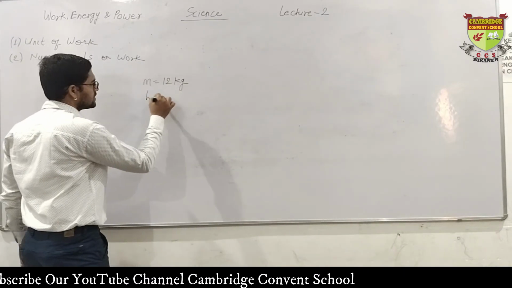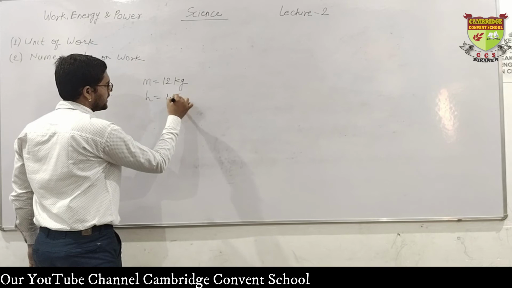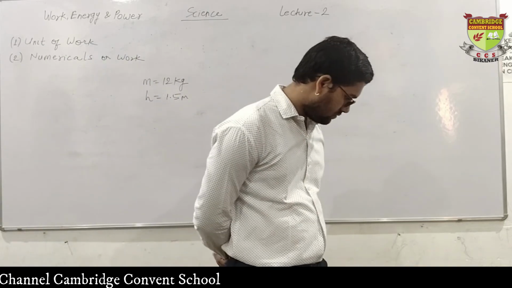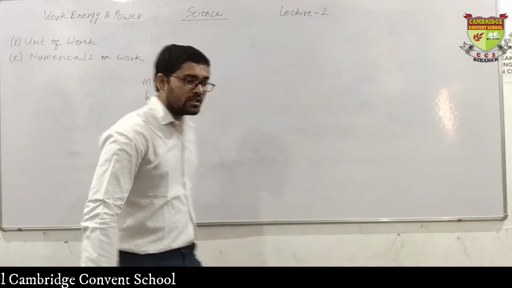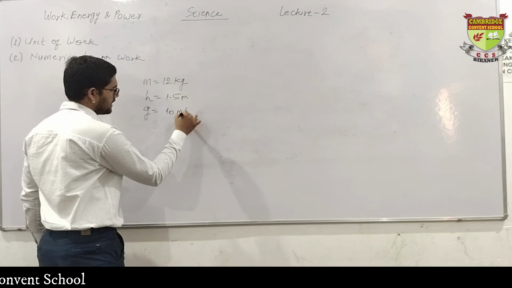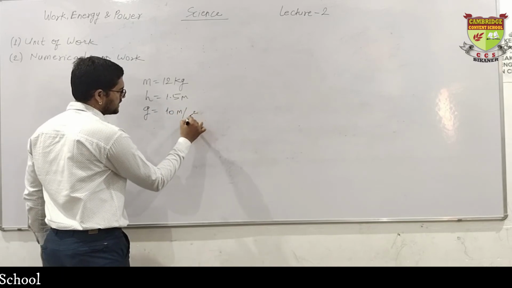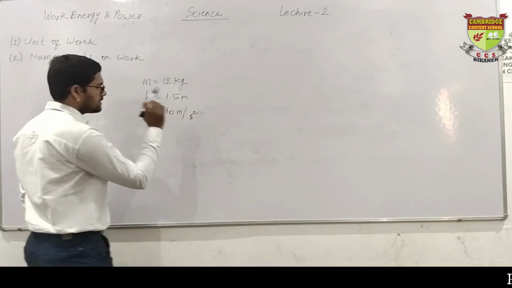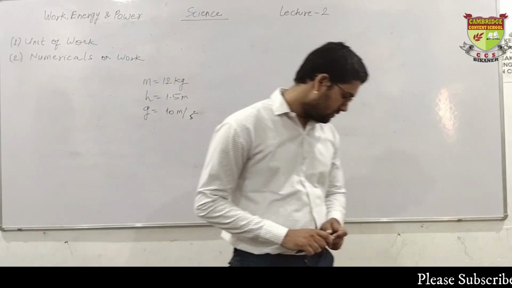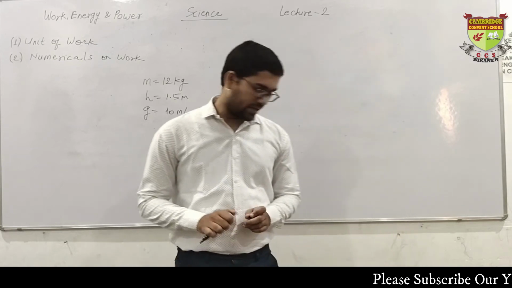So height is 1.5 meter. Clear? Now we are given small g. Acceleration due to gravity is 10 meter per second square. Clear? This is given to us. We have been told to calculate work.